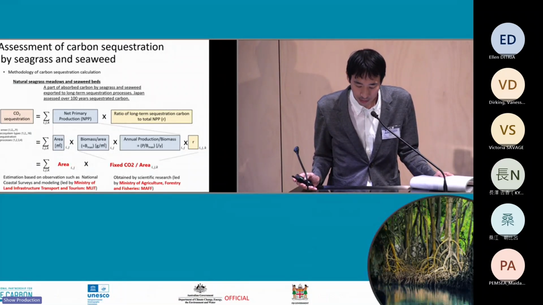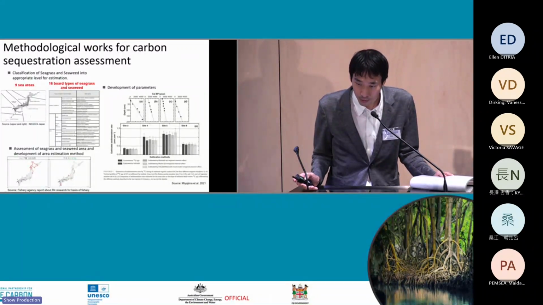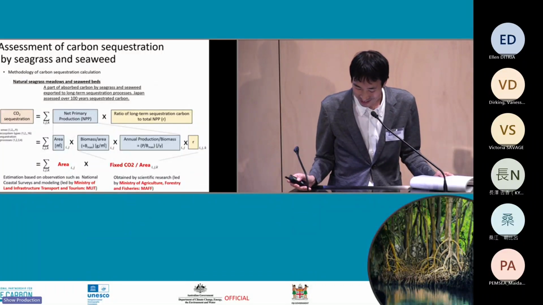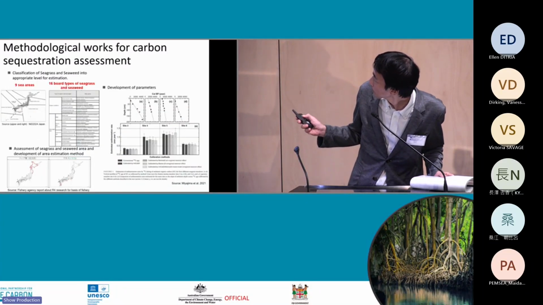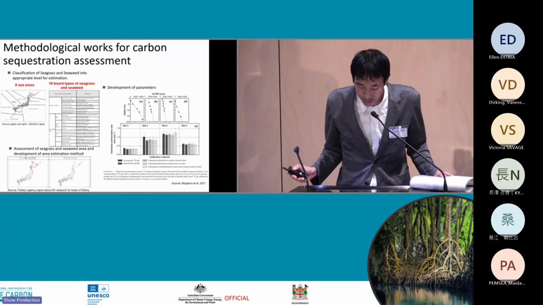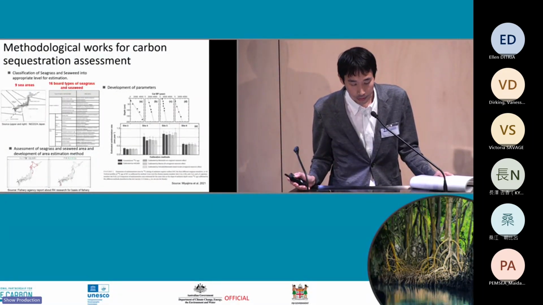Different scientist teams led by the Ministry of Land, Infrastructure, Transport and Tourism estimate the area, and another scientist team led by the Ministry of Agriculture, Forestry and Fisheries derives 3 factors to get fixed carbon dioxide per area. There are examples of academic papers we used.